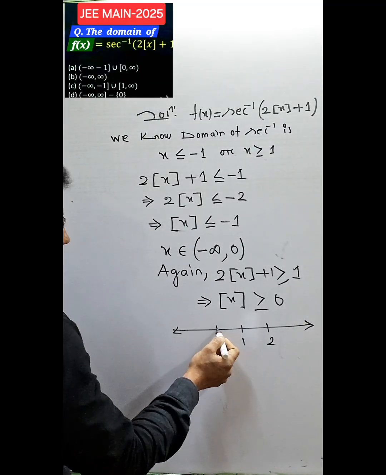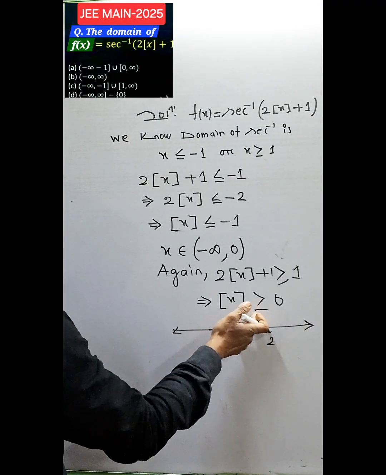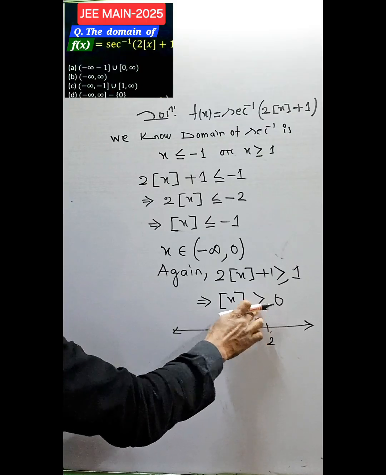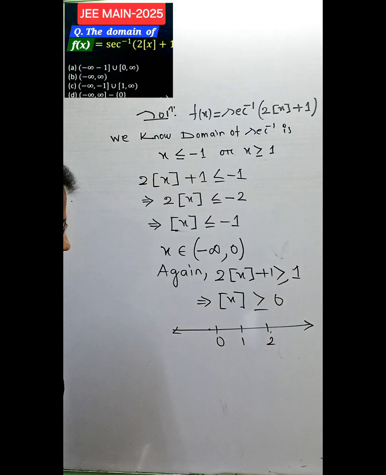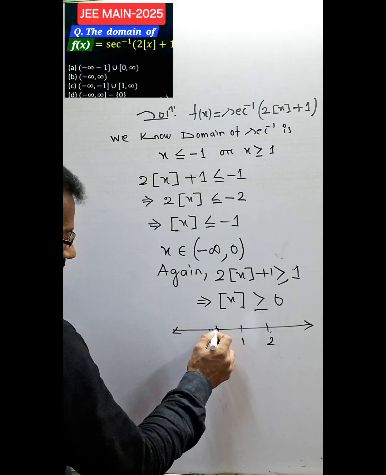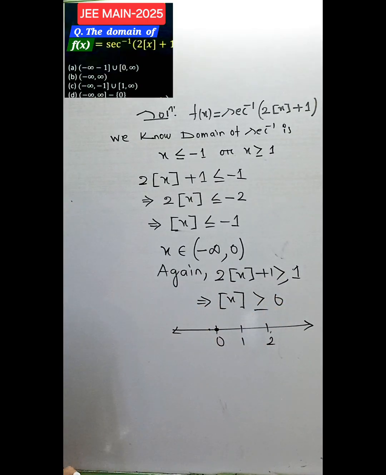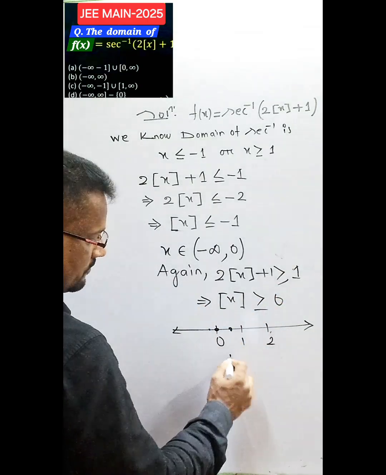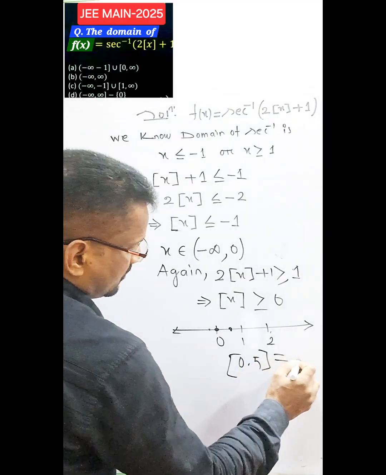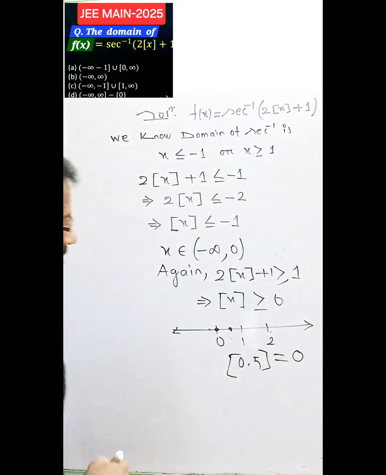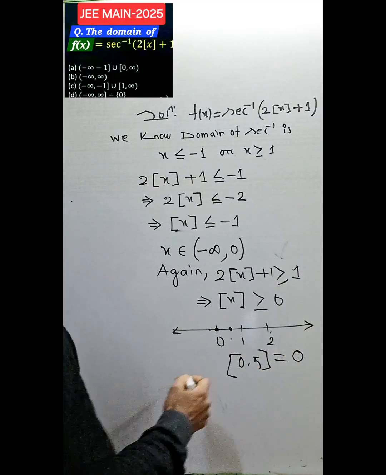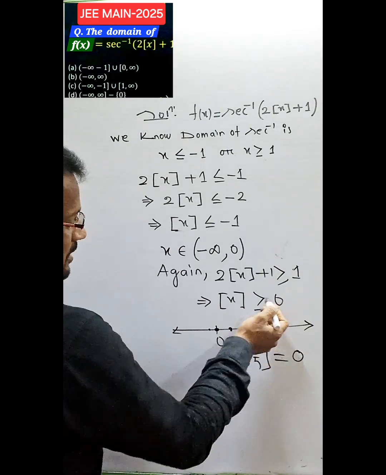So if you take any number to the left of 0, then this condition will not be satisfied. But if you take 0, then the value will be 0, this condition is satisfied. And if you take 0.5, then also it will be 0, this condition will be satisfied. And if you take 1.5, that will be 1, greater than 0.